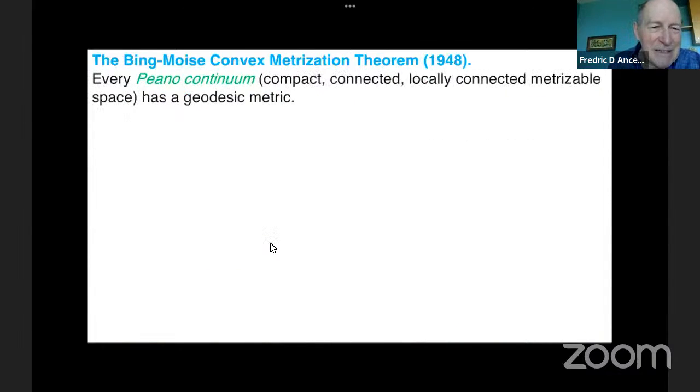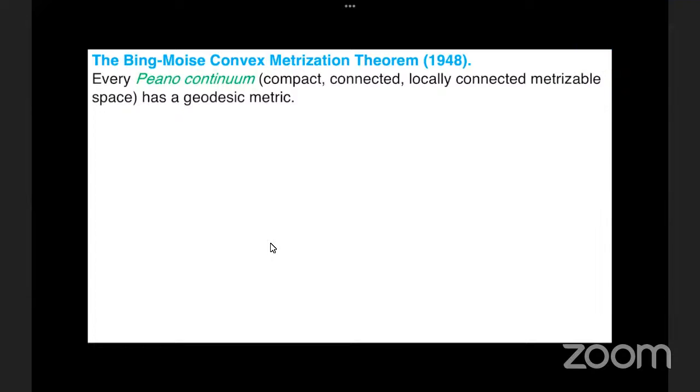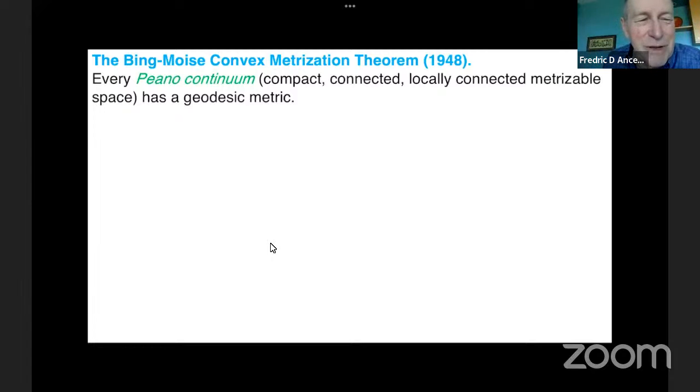And then I have a preference for geometric proofs. That's just my nature. But if you look at the proof of the Bing-Moise convex metrization theorem, which I mentioned earlier, this is the one that gives you geodesic metrics. It really applies to Peano continua, so compact, connected, locally connected metrizable spaces.